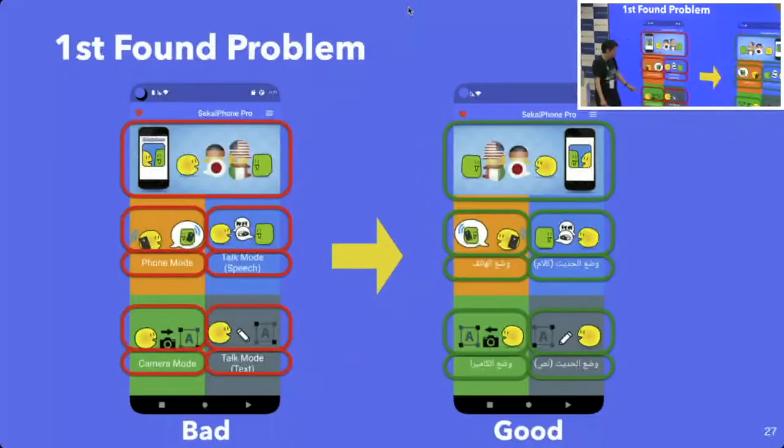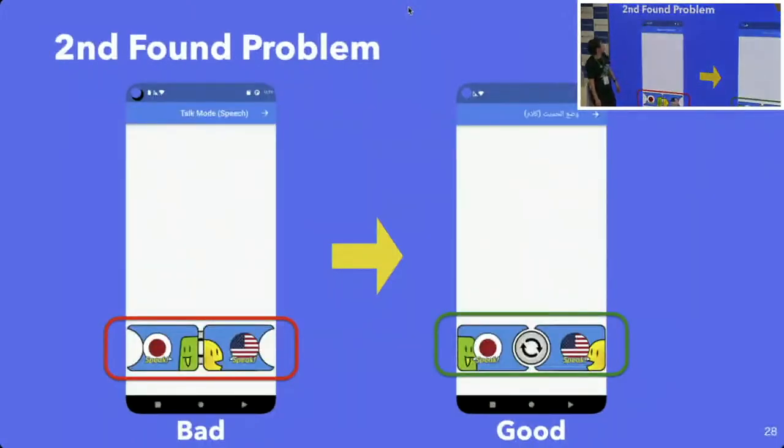The left one is bad, but the right one is good. So we have to reverse this image position. And for Arabic users, we have to deliver these Arabic letters so Arabic people can understand. Okay, just the first example.